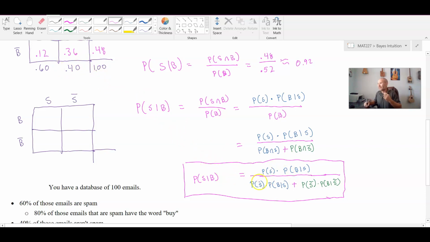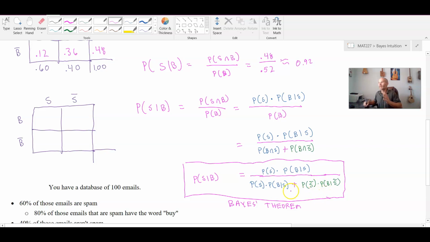Now, we didn't really need this formula in order to do it. We could use a lot of intuition, but this formula here is what is often known as Bayes' theorem. And we could always replace S and B with, if we were given the probability of B given S, then we would just have to switch around all of the terms here in order to reflect that.